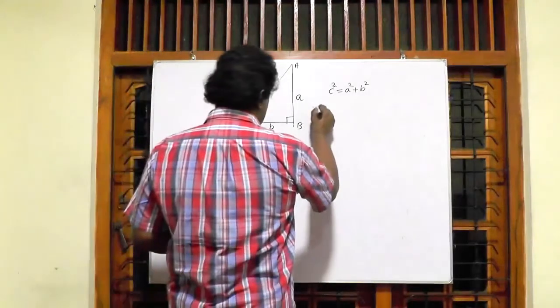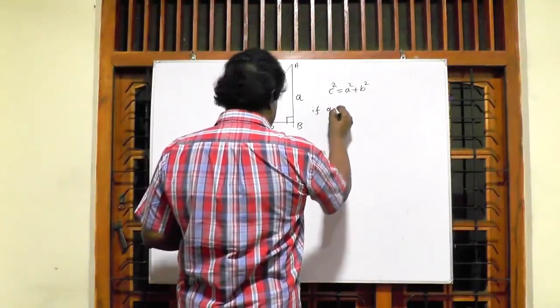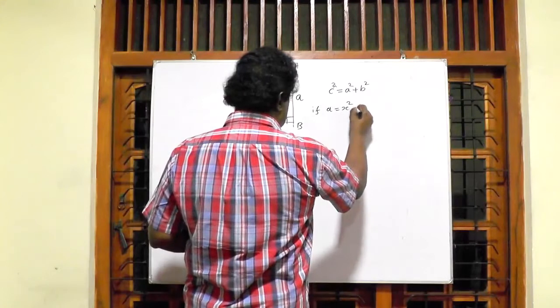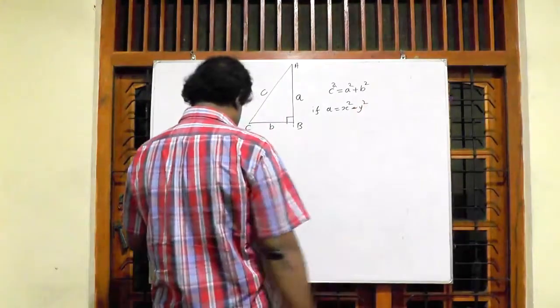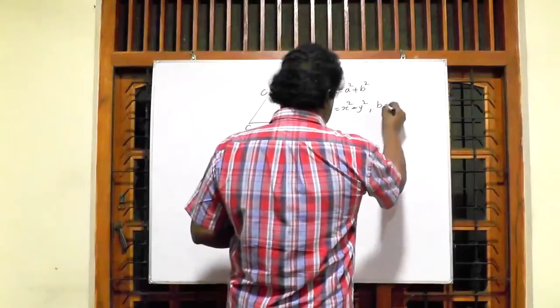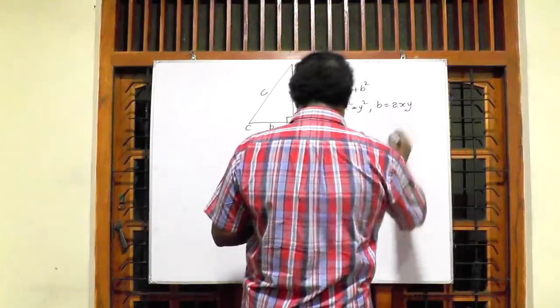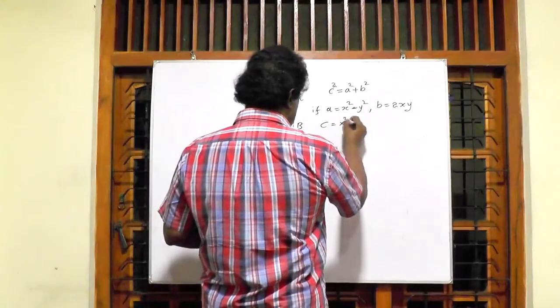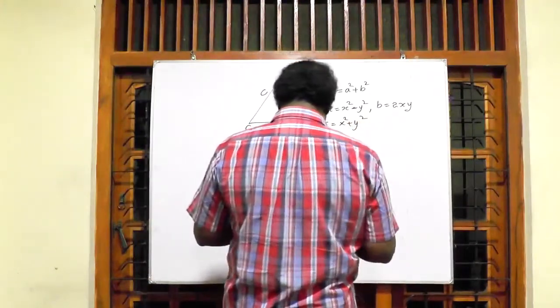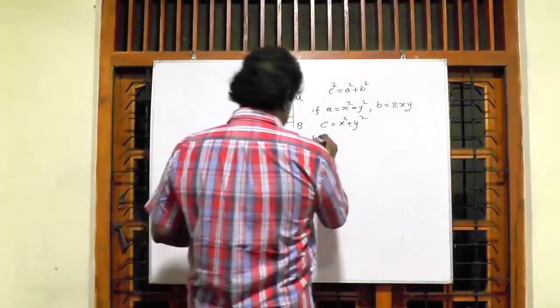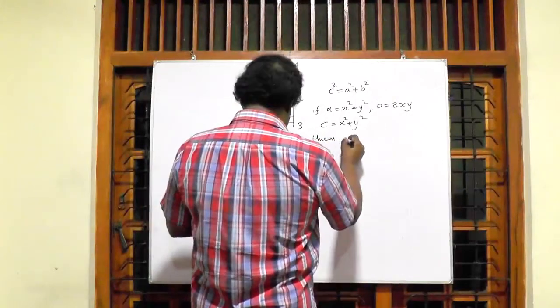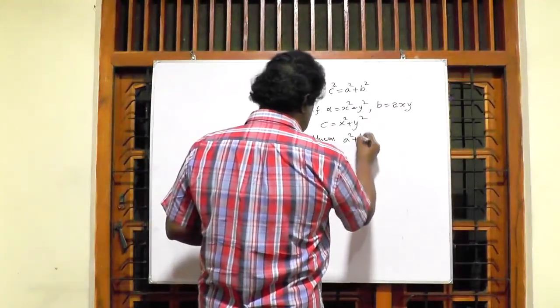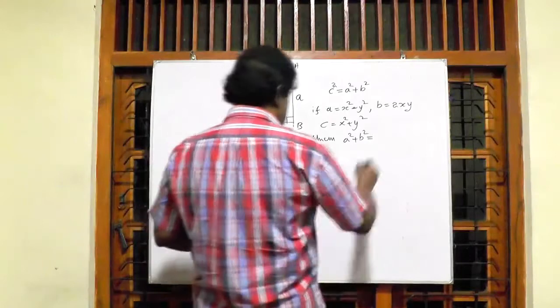If A equals x squared minus y squared, B equals 2xy, and C equals x squared plus y squared, then A squared plus B squared equals C squared.